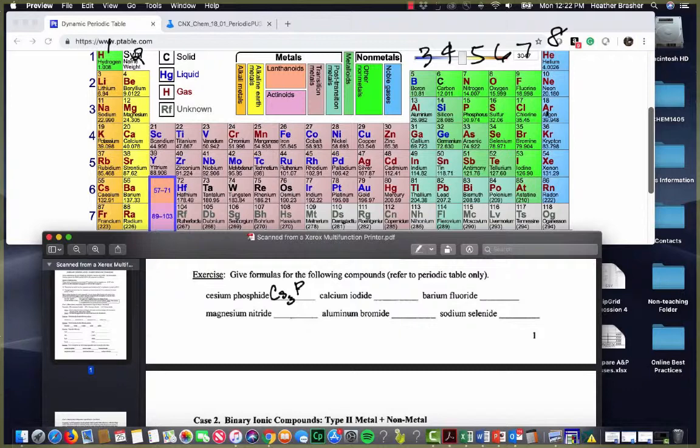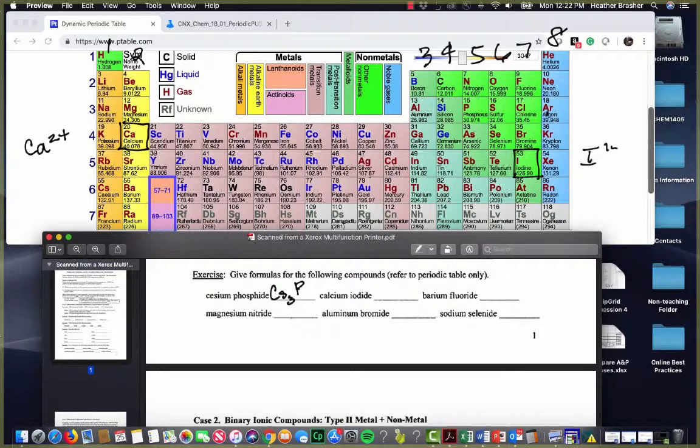So let's do calcium iodide. So we go through here, we find calcium, and we write here, and that would take 2 of those, right? And then iodide is over here, which is 1, right?